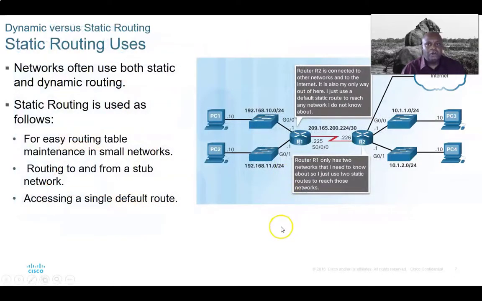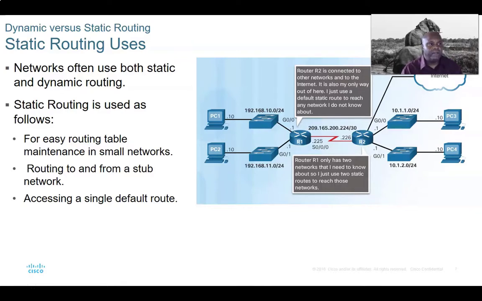Okay, so we had a real deep conversation about static routing uses. Networks often use both static routing and dynamic routing. That's true. Static routing is used as follows. So understand this. We want to piggyback on that. Understand this. There's no one-fit-all solution. We definitely use dynamic routing through the whole process, but what's important is we still use static routing in certain situations.